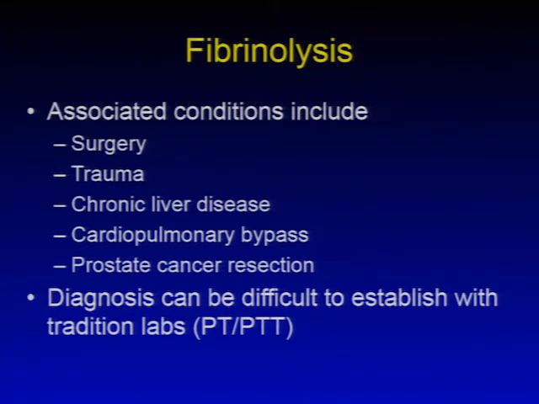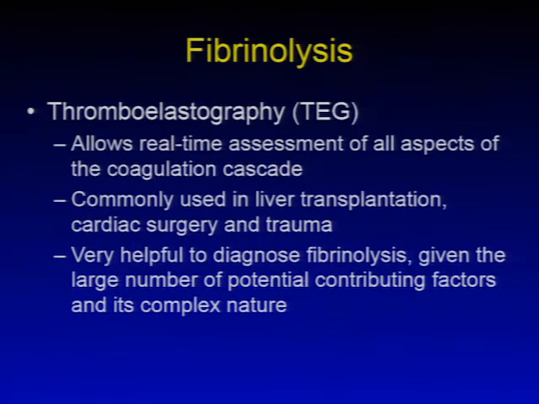It can be very difficult to establish fibrinolysis with the traditional labs, such as PT and PTT, and so one method that's often used and is very good in this situation is thromboelastography, or TEG. Now, this allows real-time assessment of all the aspects of coagulation.